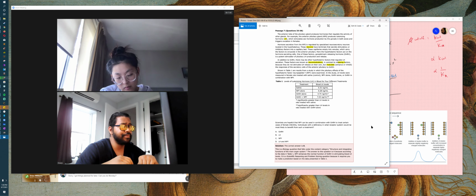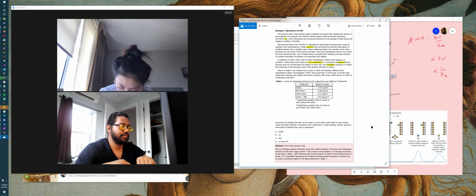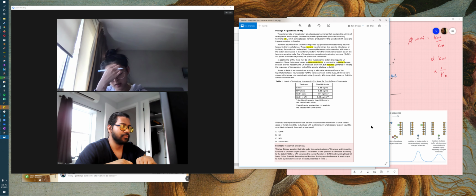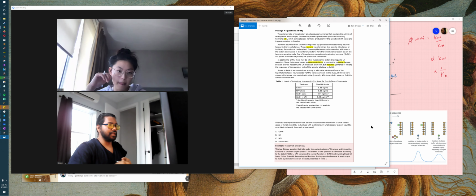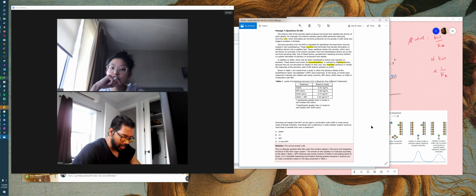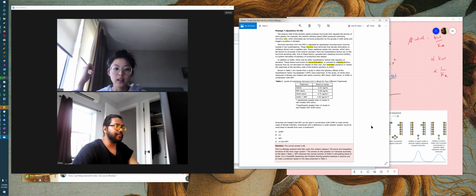I think the system part could help. Tell me what you know about the hypothalamus and the pituitary. I think GnRH is produced by the hypothalamus, and basically all of these releasing hormones are produced by the hypothalamus.